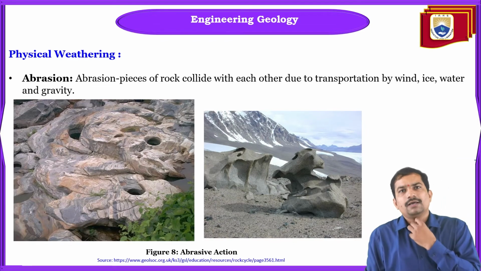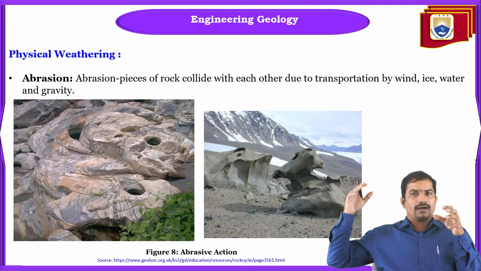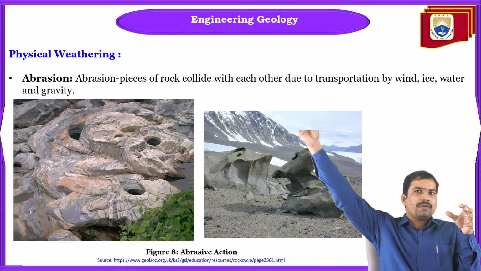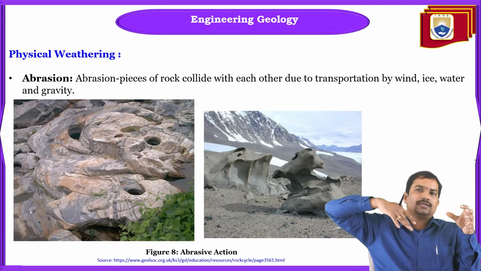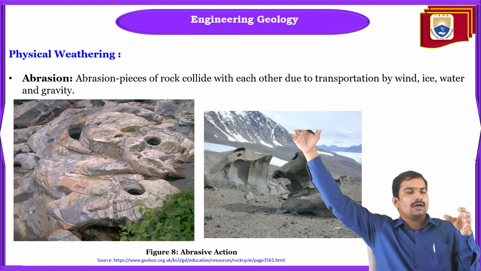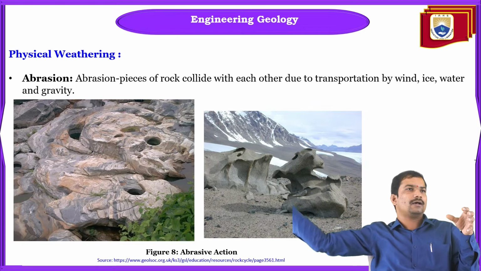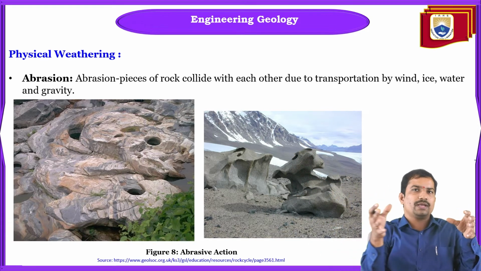Later, abrasion. Various agencies like wind, ice, water, and gravity may transport material from one place to another. Agencies like water and air carry dust particles, which hit the rock particles while moving away.